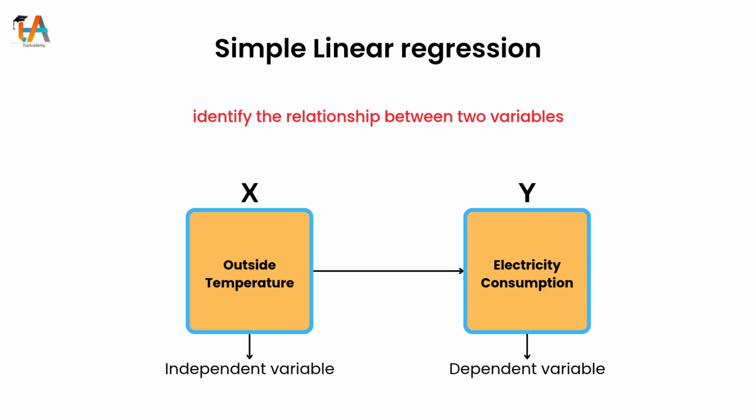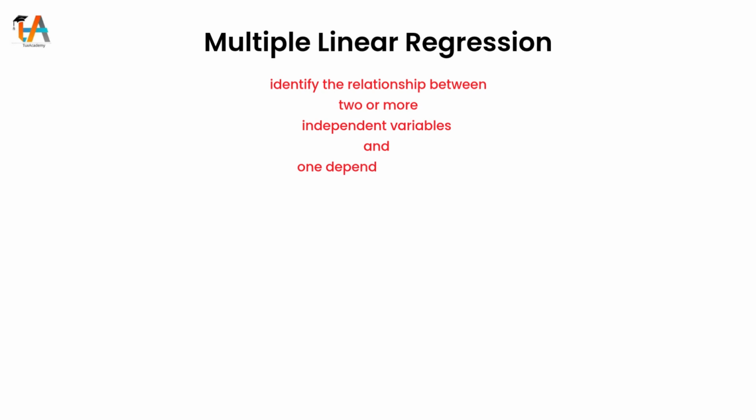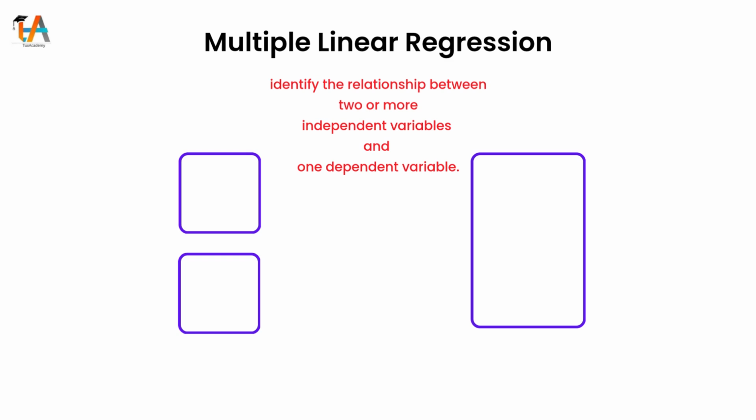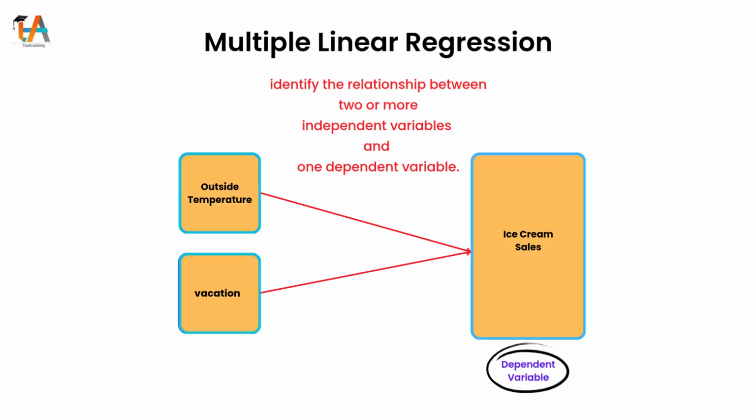Multiple linear regression is used to identify the relationship between two or more independent variables and one dependent variable. For example, we can analyze how the increase in outside temperature and vacation influences ice cream sales. Here, the dependent variable is ice cream sales, and outside temperature and vacation are independent variables.